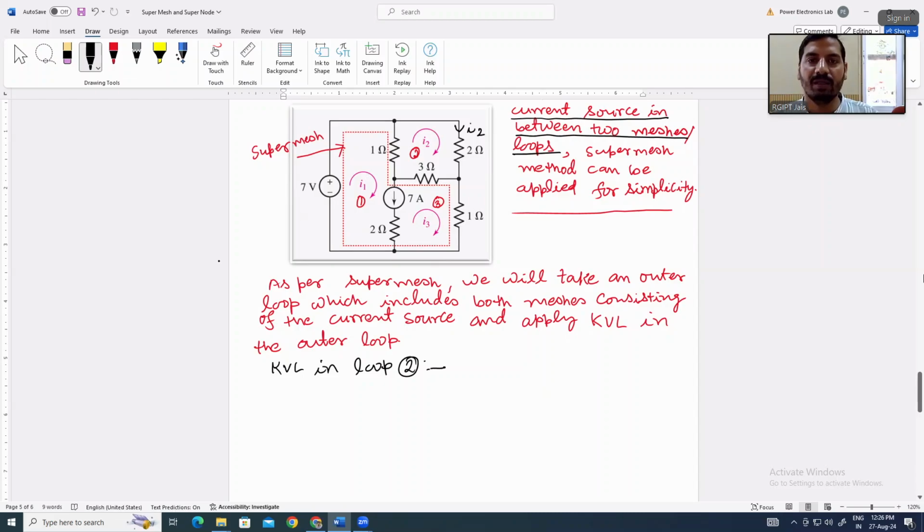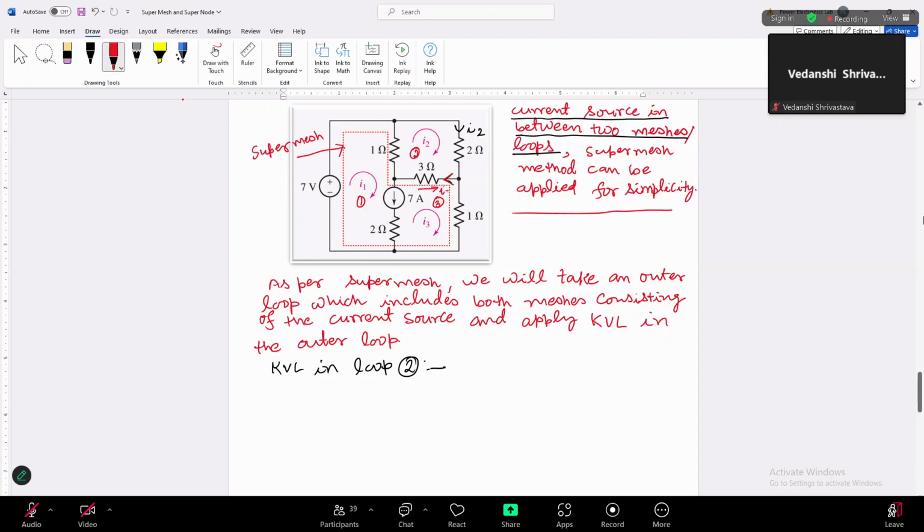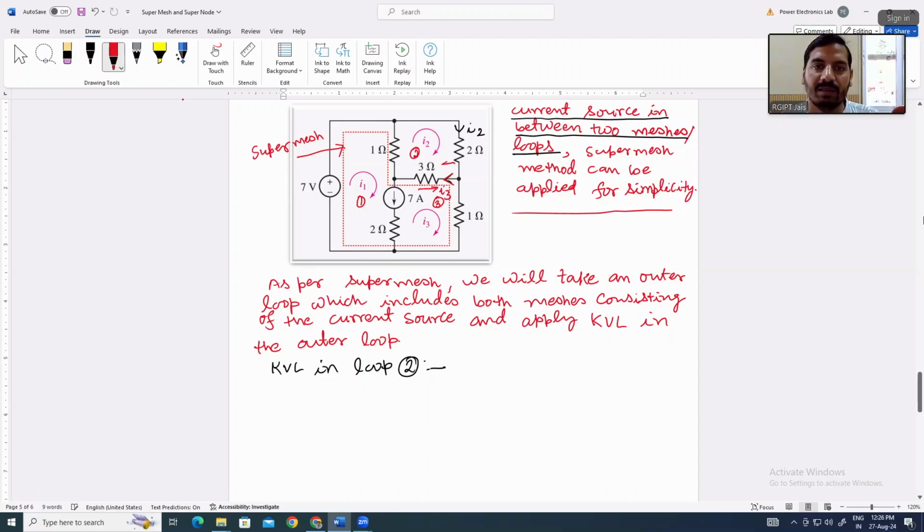What is the current flowing in this branch? I2 minus I3 or I3 minus I2, whichever is bigger. So the current flowing through this branch, if we take it in this direction, is the resultant current. I3 is coming in this direction, I2 is coming in this direction, so the resultant current will be I2 minus I3. Clear?